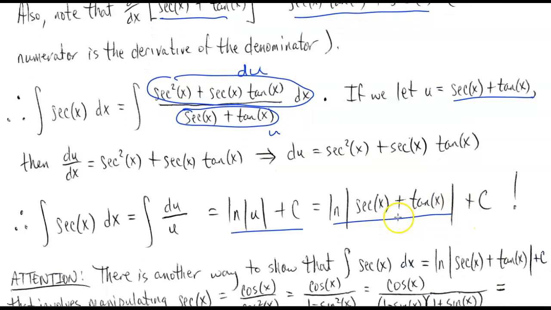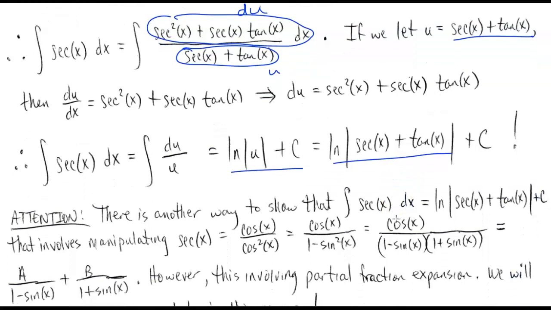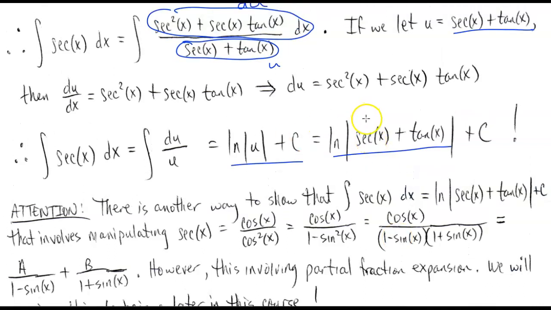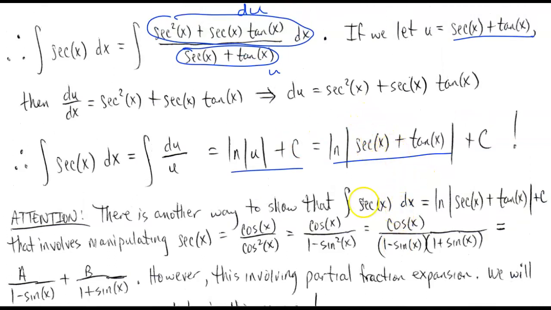Okay. And so what I was alluding to here is that there's another way that we can actually do this, a little bit more organically. And here it involves starting off by rewriting secant as just cosine over cosine squared. And then from here, notice that we could rewrite all that this way.